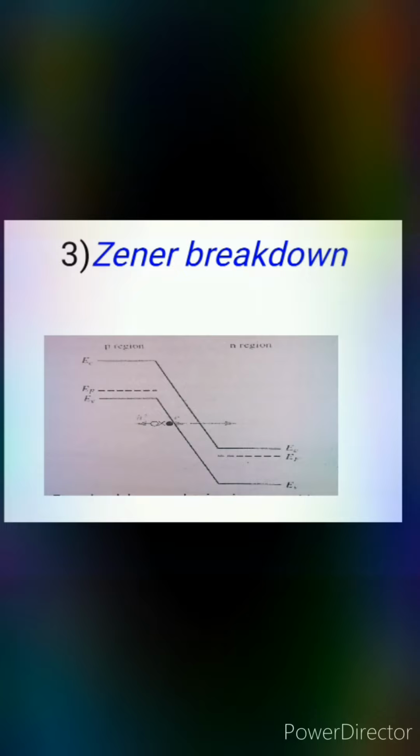Now, as applied voltage increases, the electric field increases. If the electric field intensity reaches the maximum value, then the bonded electrons in the depletion layer are excited to the conduction band and create electron-hole pairs. These electron-hole pairs, when moved through the circuit, develop current. This breakdown is called Zener breakdown.